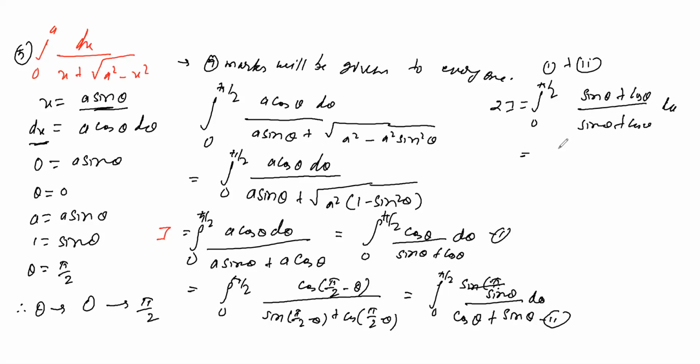So here it is d theta only, so it becomes theta. Now put the limits 0 to pi by 2 and you get pi by 2. So 2I is equal to pi by 2, therefore I is equal to pi by 4.